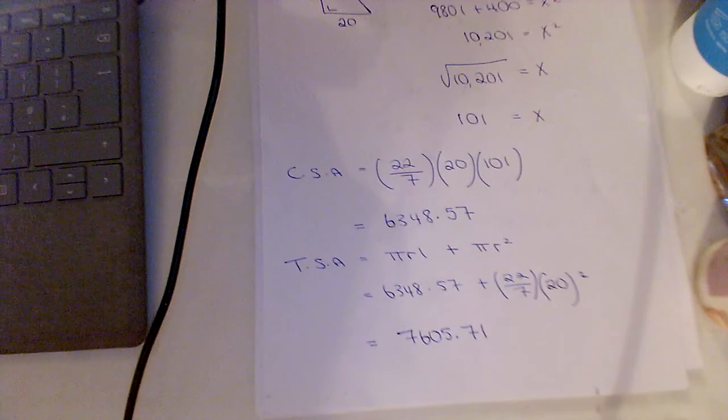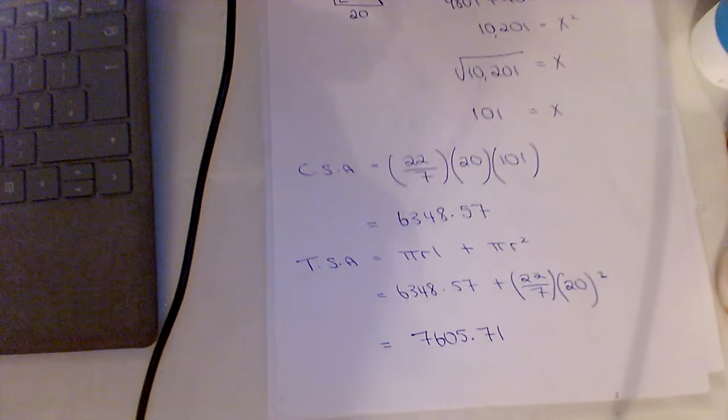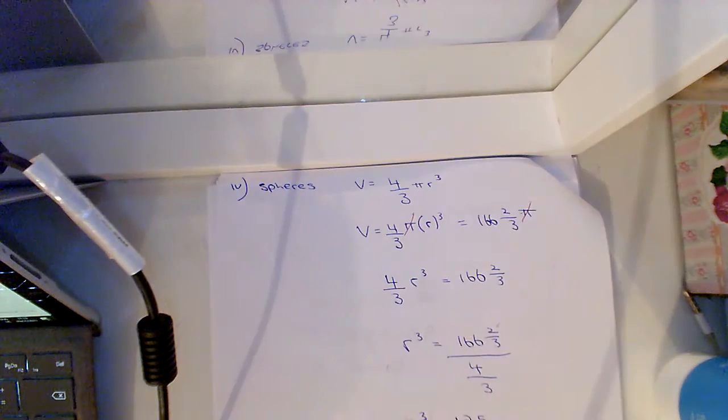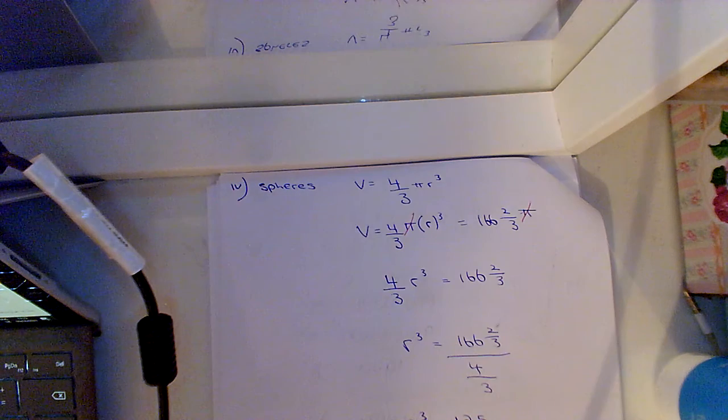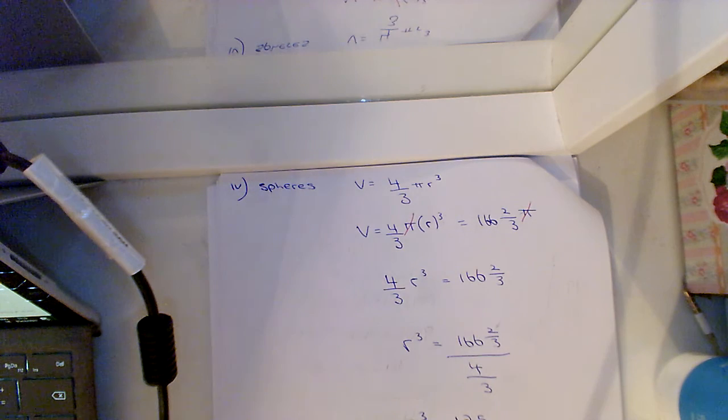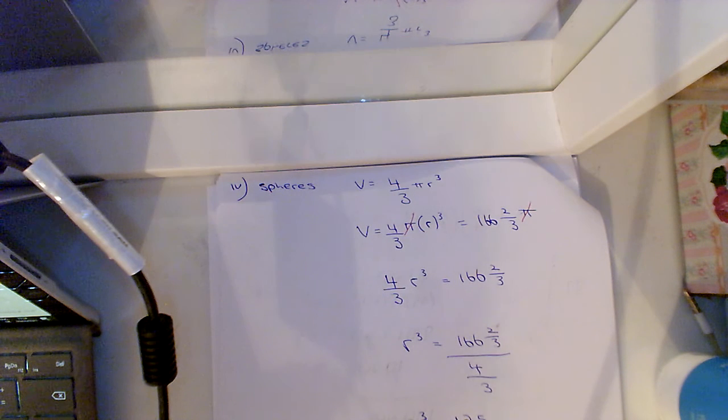Okay, so now we're on to spheres. So my volume is 4/3 pi r cubed. So I have volume is equal to 4/3 pi (r cubed) is equal to 166 2/3 pi. First of all, I divide across by pi, and I'm left with 4/3 r cubed is equal to 166 2/3.